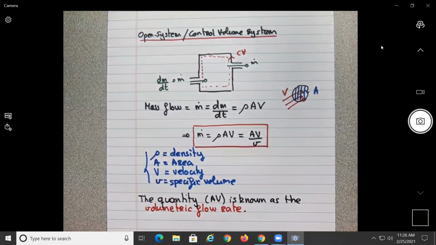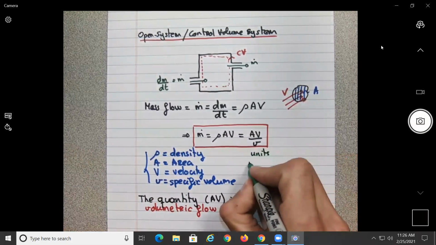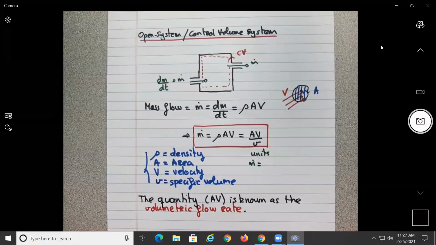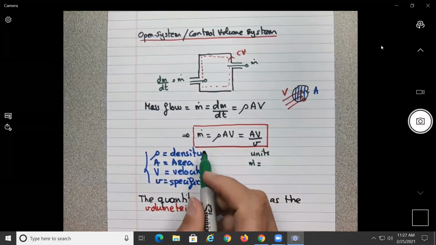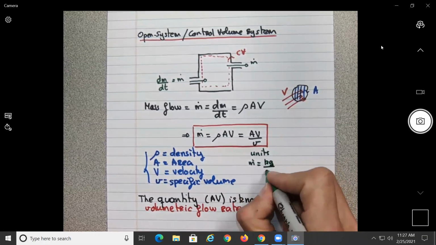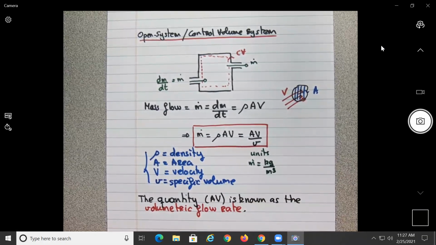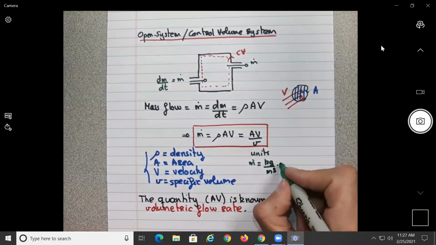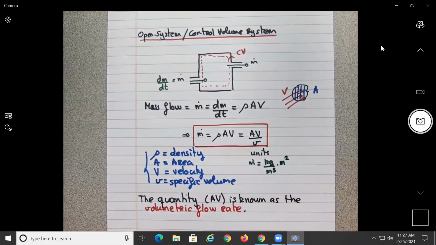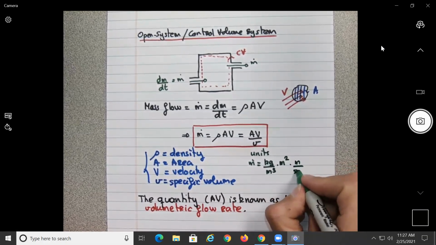Let's go back over here for 1 second. What will be the units of m dot, of the mass flow? Density is, let's say, kilograms per cubic meter. Area will be the square, and velocity is meters per second.